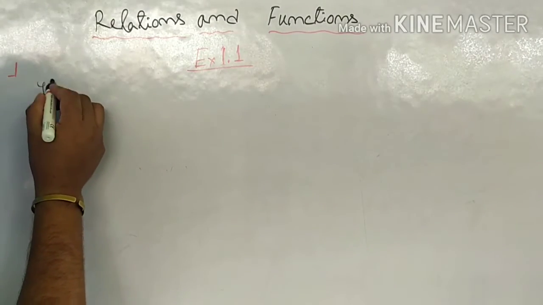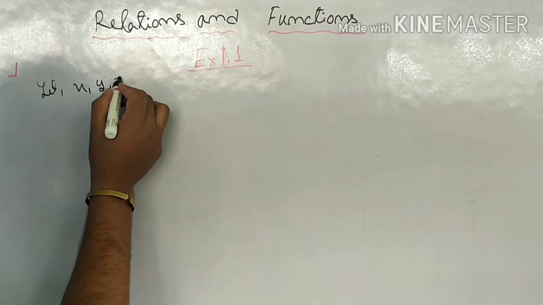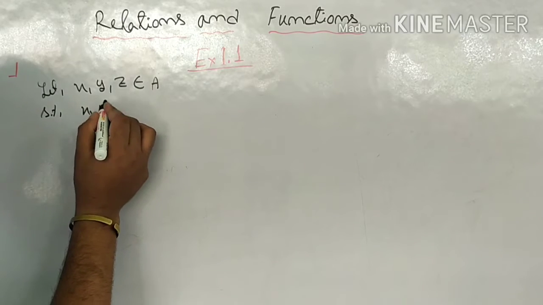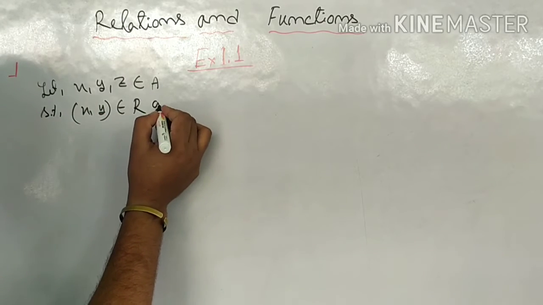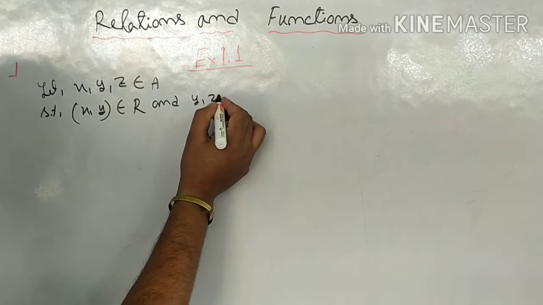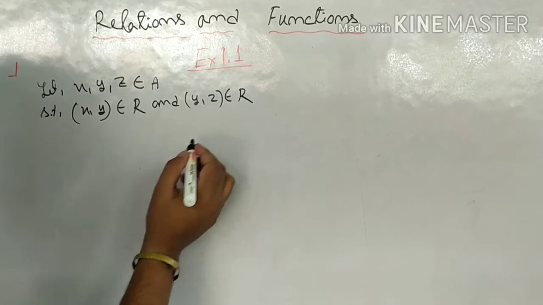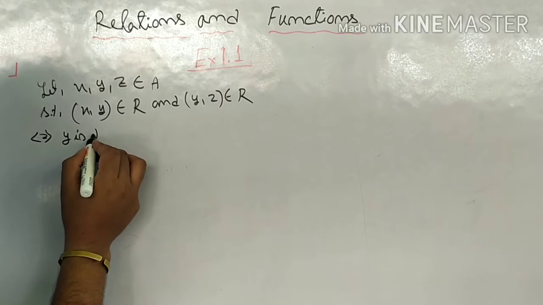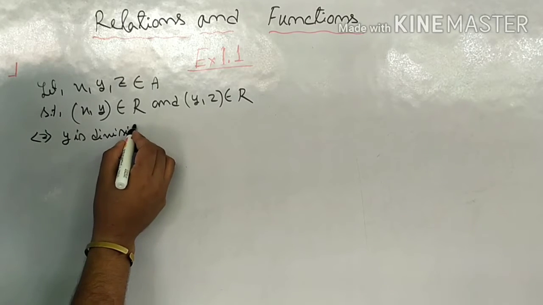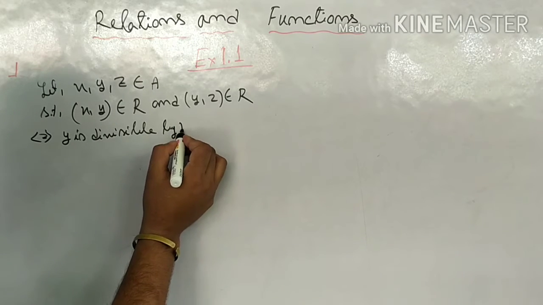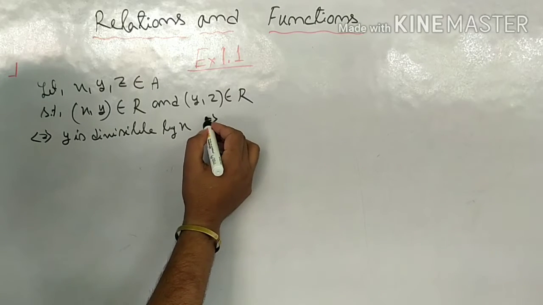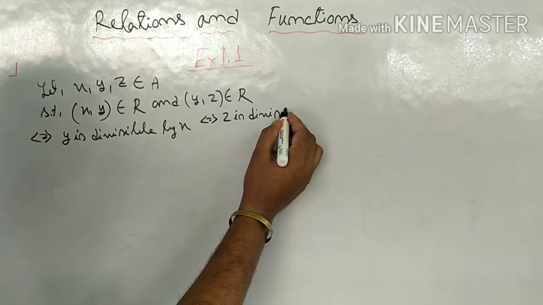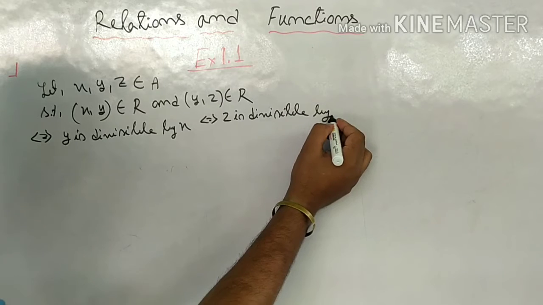Again let x, y, z belong to A such that (x, y) belongs to R and (y, z) belongs to R. Since (x, y) belongs to R, y is divisible by x, and (y, z) belongs to R, so z is divisible by y.